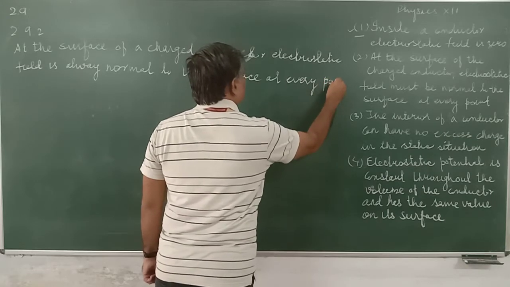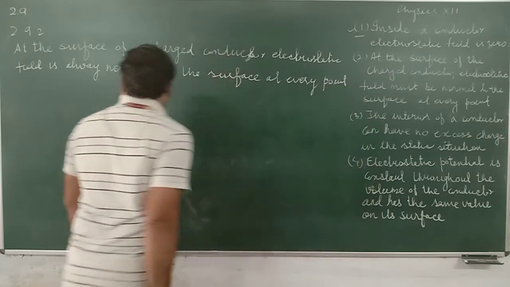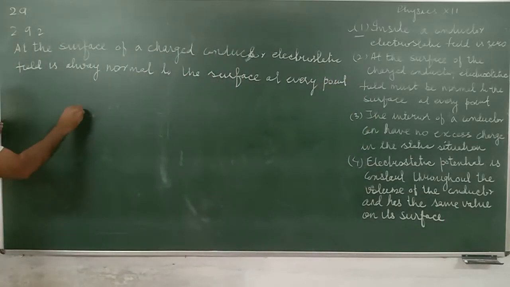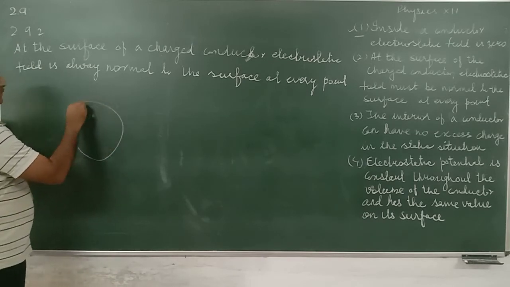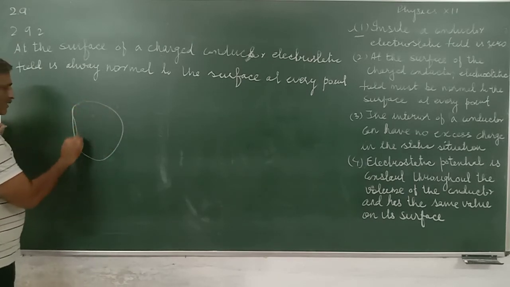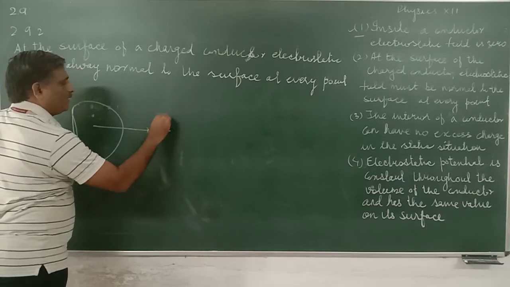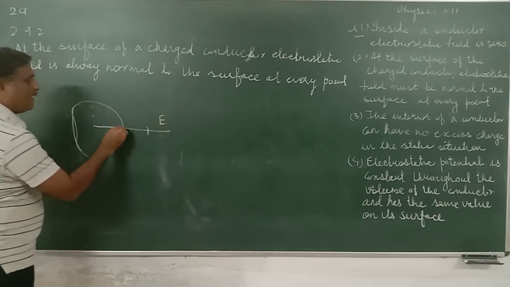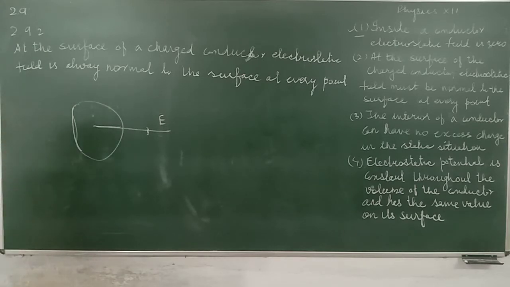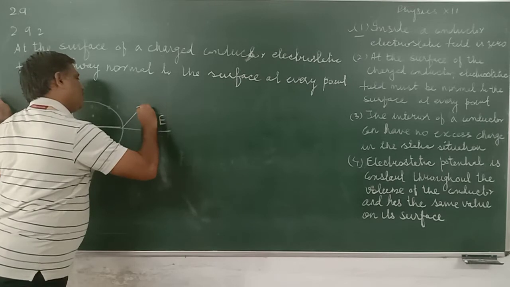It is very important. You can take the surface, suppose a spherical surface, then this one is a normal to the surface. Field E is normal along the radius. But for the time being, we consider that E is not normal.